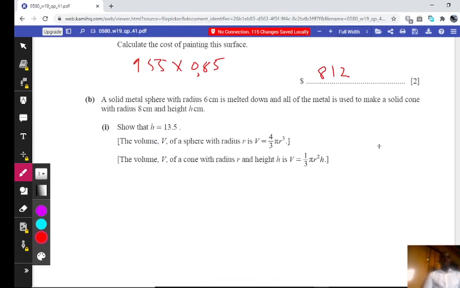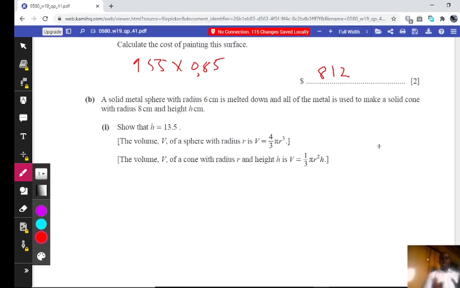A solid metal sphere with radius 6 centimeters is melted down, and all the metal is used to make a solid cone with radius 8 centimeters and height h centimeters. Show that h is equal to 13.5. So we have two shapes here. A solid metal sphere with radius 6 centimeters that has been melted down, then we have now a cone with radius 8 and height h.